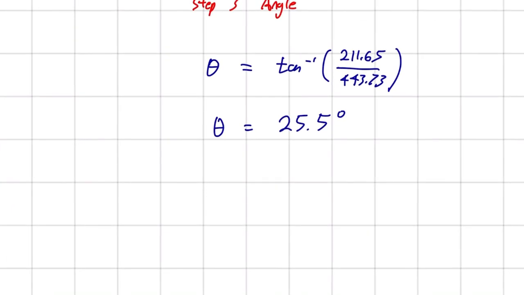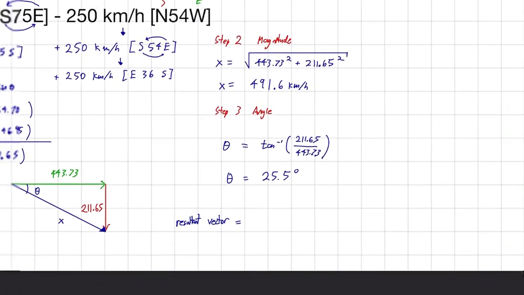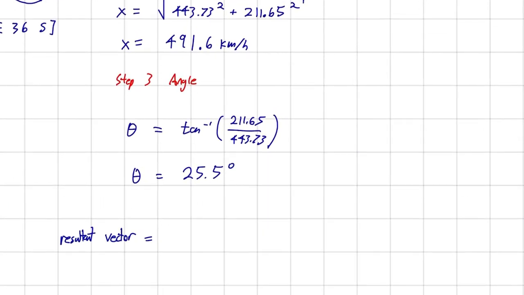So this means that the resultant vector is equal to, remember our magnitude, I'm going to round this to 492 kilometers per hour.